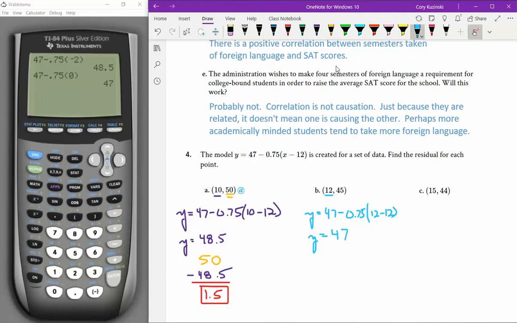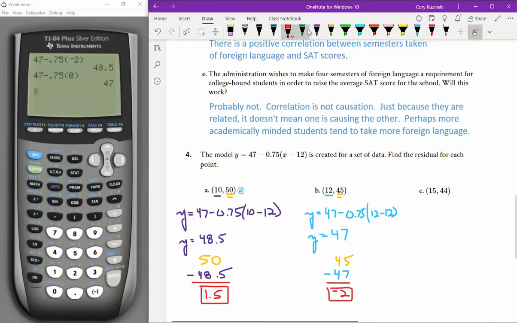So all I want to do is 45 minus 47. So what actually happened minus the prediction. That'll give us the residual, which in this case is negative 2.